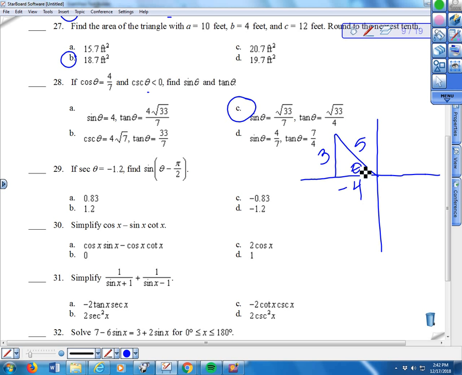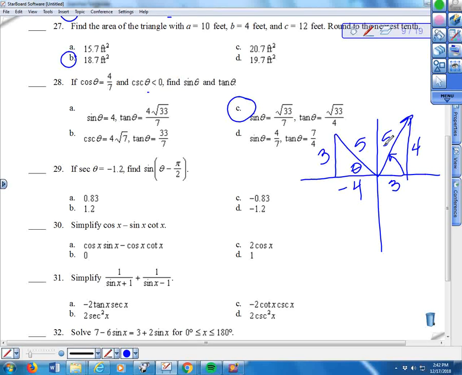If I'm going to take this angle and subtract 90 from it, that means these switch. This is 4 and this is 3 for that to be 90. Does that make sense? If I was subtracting 180, the triangle would stay the same. You just have different signs.